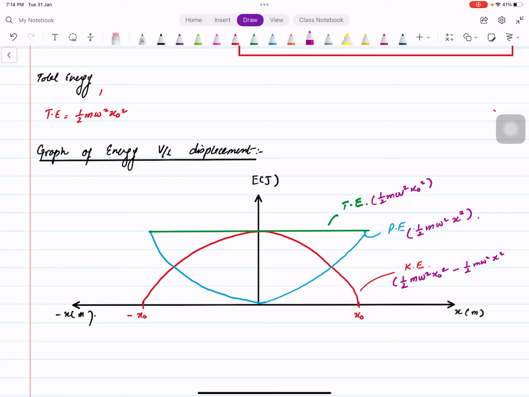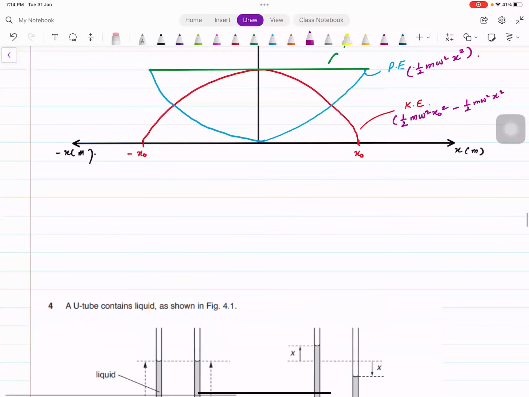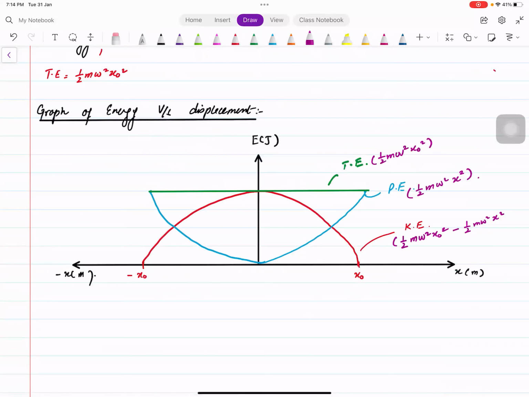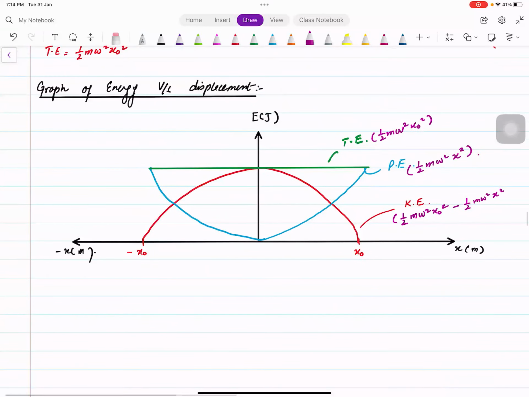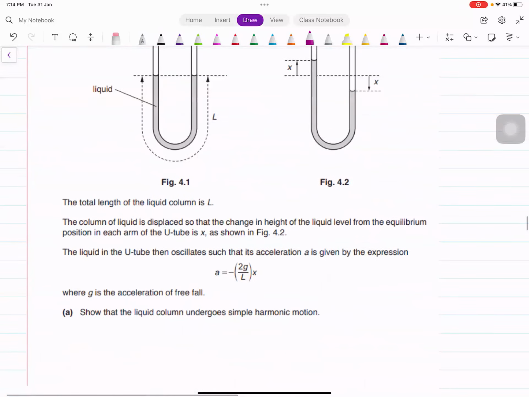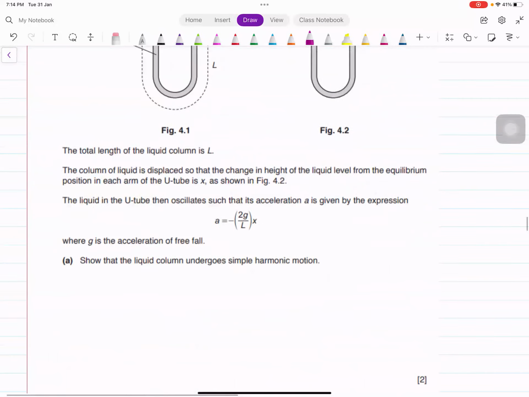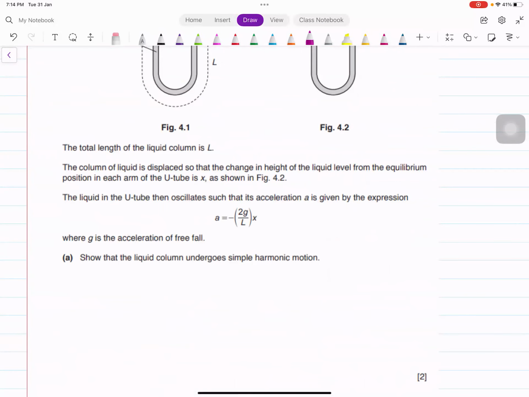Now, these questions sometimes do come, like a 40% chance from this chapter, which is a slim for all over the paper. But now, for example, this equation is given to you, and they show that the liquid column undergoes simple harmonic motion.